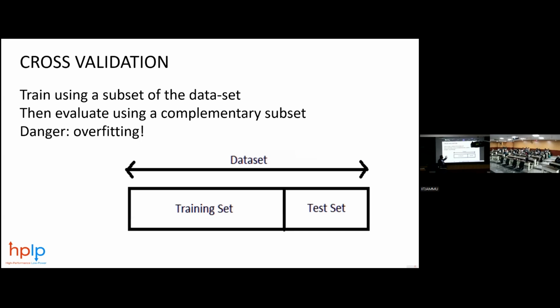This is about the training versus the test. You need to make sure to not mix these two because the danger is overfitting. These models are so large that if you provide the whole training set from the beginning, it can almost learn it, but it doesn't generalize, that's the term.